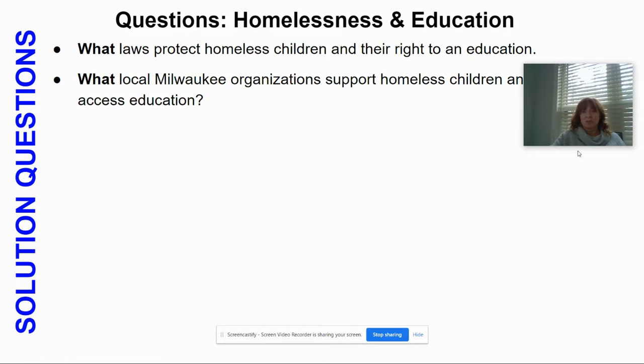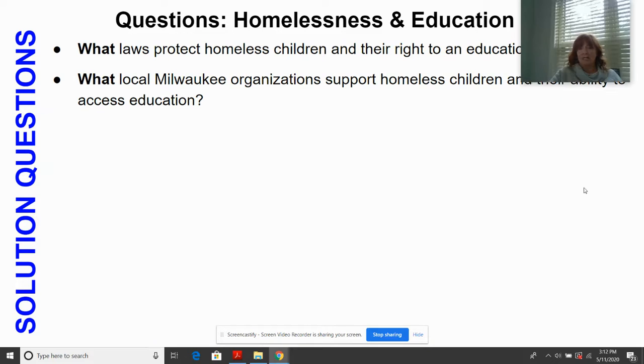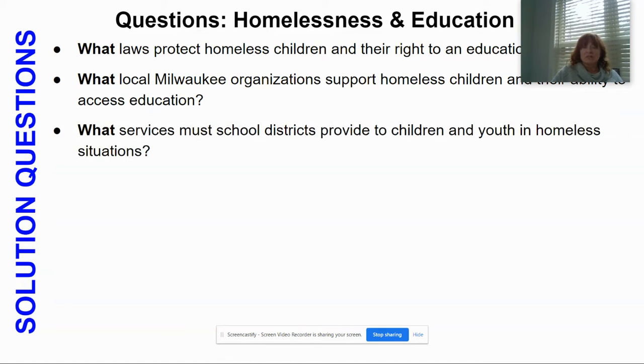One of my questions was, what local Milwaukee organizations support homeless children and their ability to access education? Are there things like Bound for Success and Coalition for the Homeless in Milwaukee? What services must school districts provide to children and youth in homeless situations? Are school districts responsible for sharing meals or transportation or tutoring services?